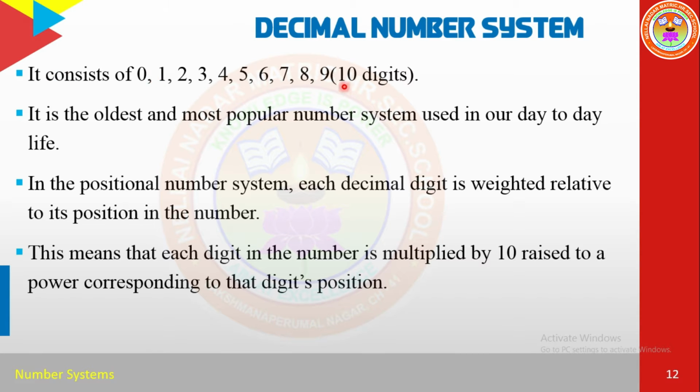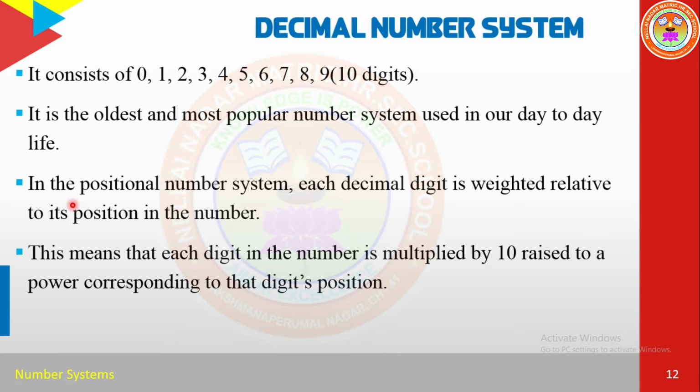How many digits does it consist of? Totally 10 digits, right from 0 ending with 9: 0, 1, 2, 3, 4, 5, 6, 7, 8, 9.